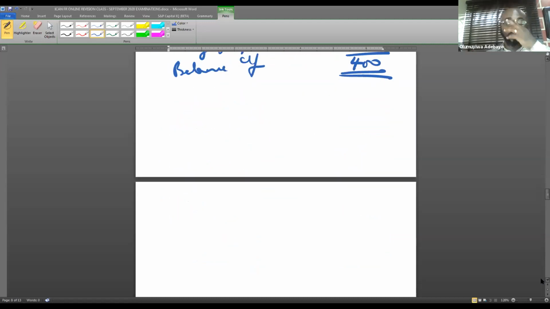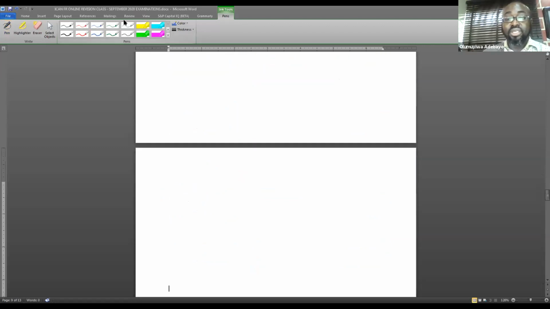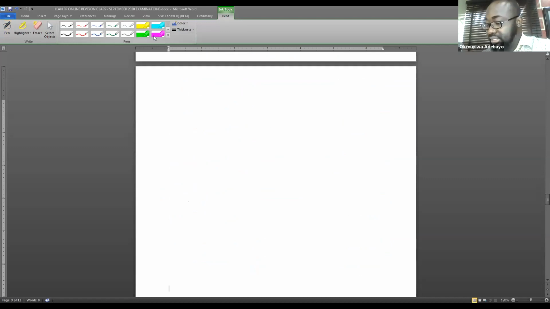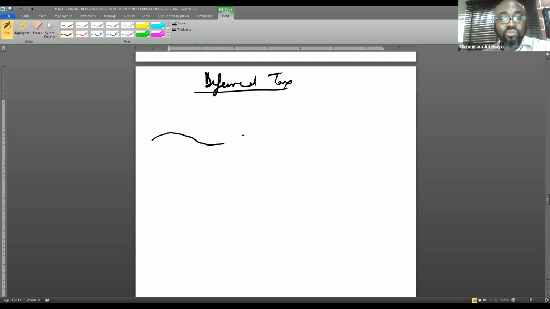Remember, most of us operate this, a typical Lagos road. Let me try and draw a Lagos road. But it is required to smoothen the road, therefore, what do we do?